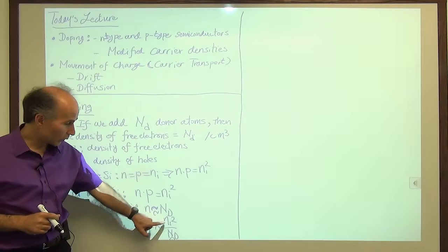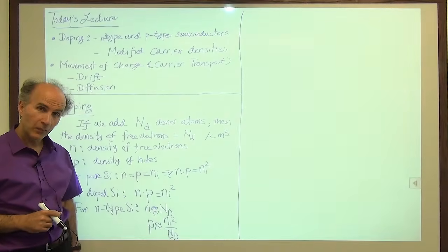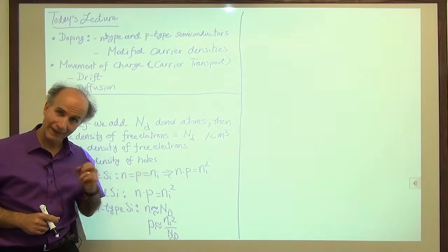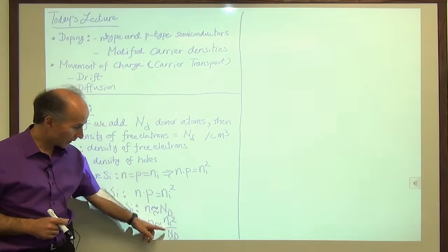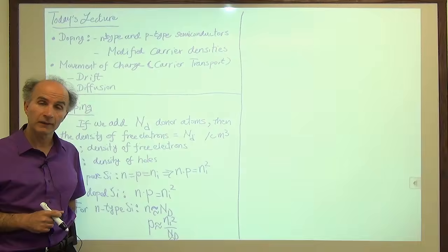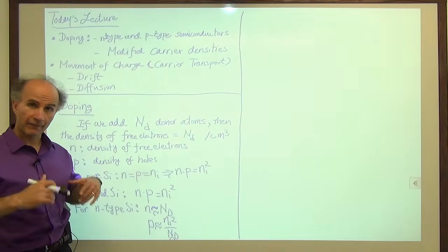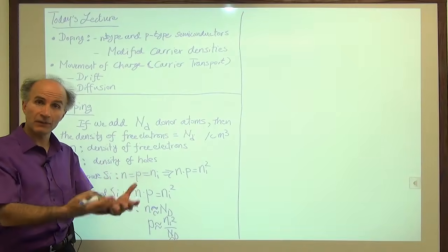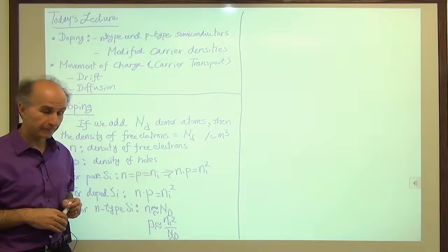It's no longer equal to Ni, it's Ni squared over Nd. Because Ni is about 10 to the 10, and Nd is about 10 to the 15, when we do the calculation, we see that P is very small. Why did the number of holes go down? Well, because we have an abundance of free electrons, and many of these electrons go and fill up those holes. So the number of holes becomes very small.